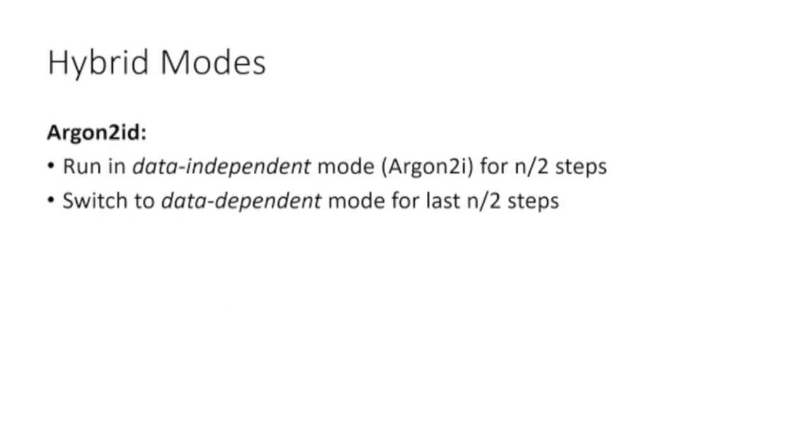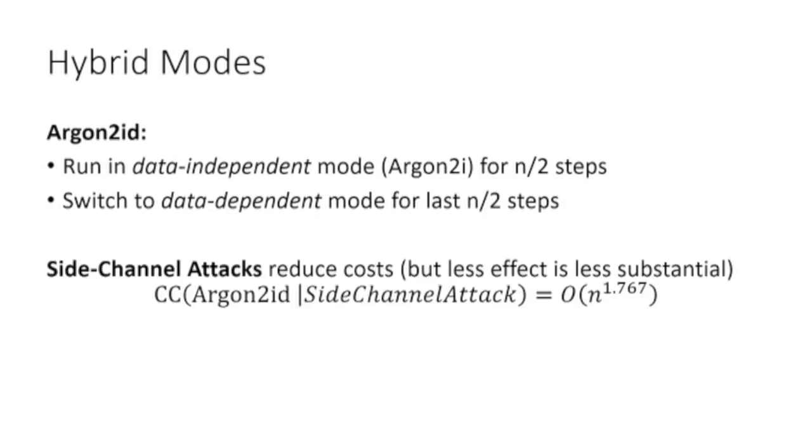So Argon2, in response to some of these new attacks, they've developed a hybrid mode. So basically the idea is you're going to run data-independent mode for n/2 steps. And then you're going to switch to data-dependent mode for the remaining n/2 steps. And the idea here is if there's a side channel attack, you can reduce costs, but only somewhat, right?